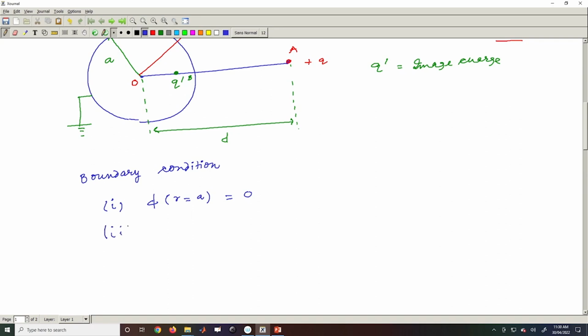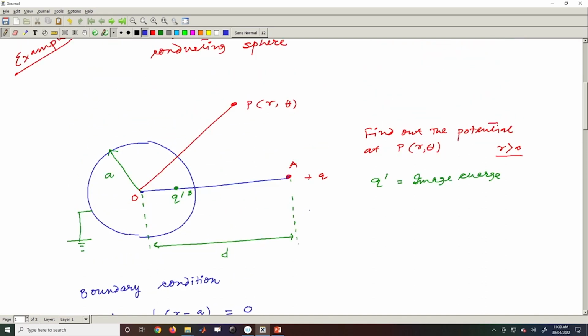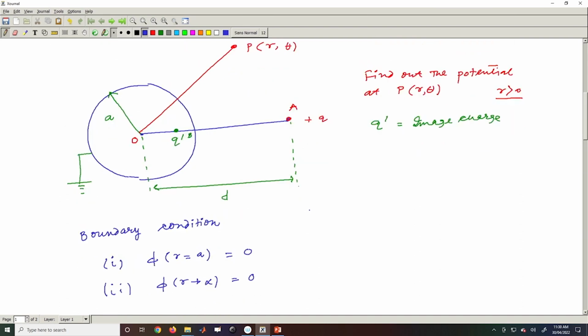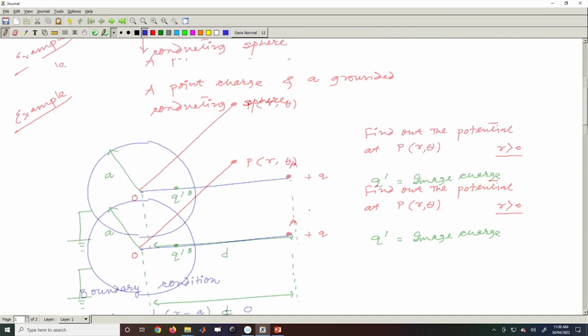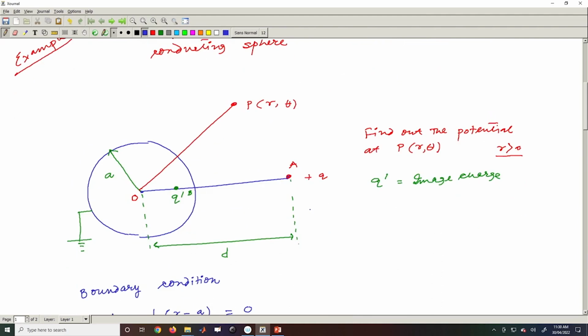The second boundary condition is saying that phi at r tends to infinity has to be 0, and that is the trivial boundary condition, that if I go to a very, very far distance, the potential should not be there, because it falls as 1 by r normally. So, okay, these are the boundary conditions.